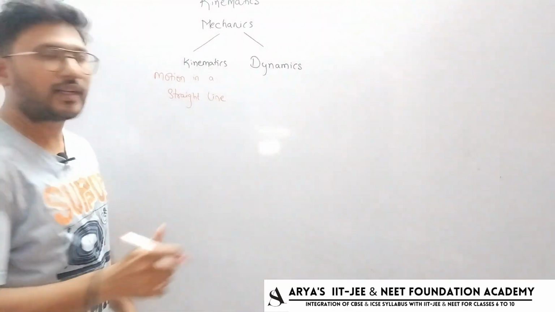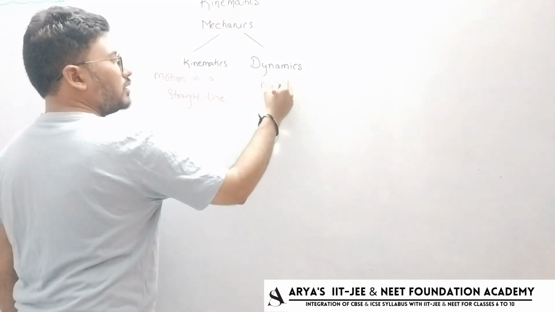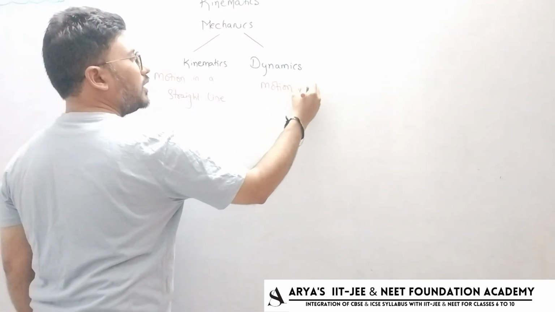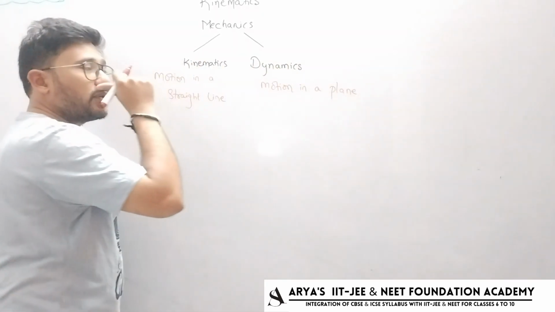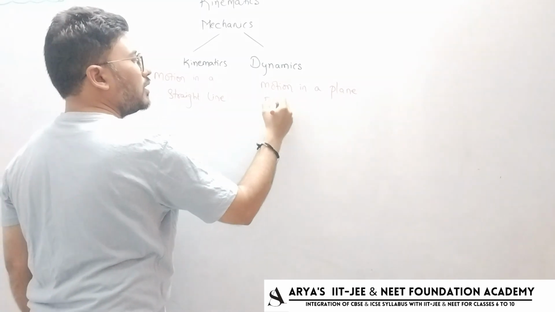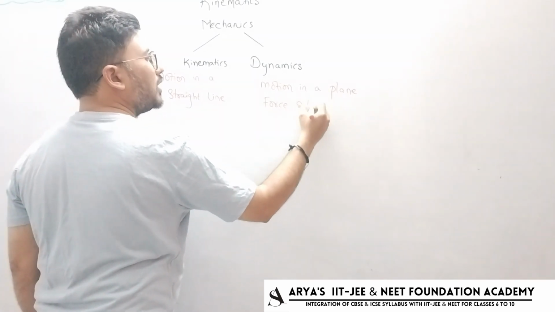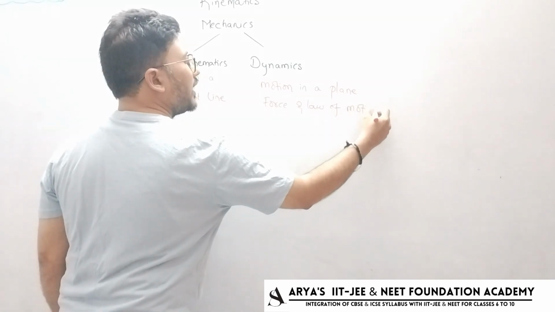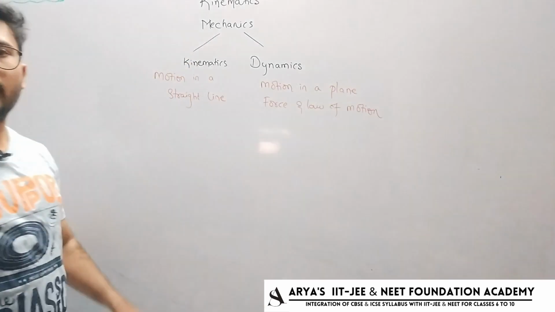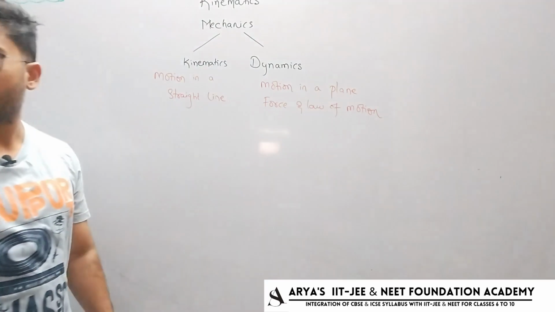Dynamics is also known as motion in a plane. So there are different concepts. Motion in a plane will come, force and laws of motion will come, etc. So mainly force and laws of motion.